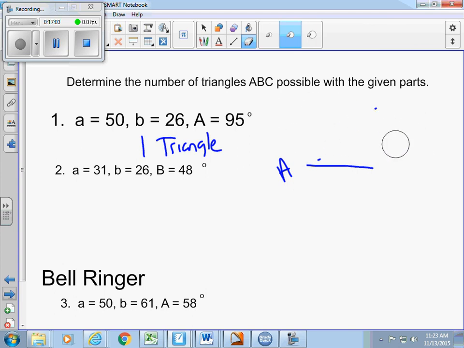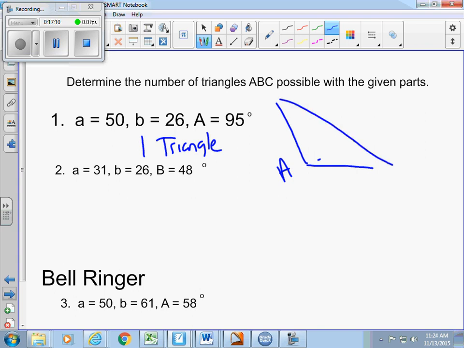It is an obtuse angle. That side is longer, and we have an obtuse angle. The given side across from the angle is longer than the other one, so it will reach. It will make a triangle. There will be one triangle. Any questions about that? No? Okay, let's look at the next one.